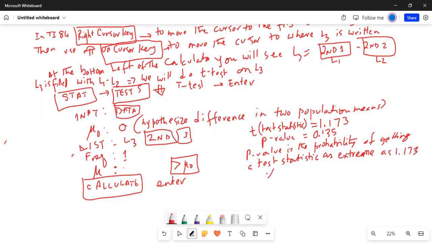So alpha is given as 0.05. P greater than alpha. Decision: do not reject H0.